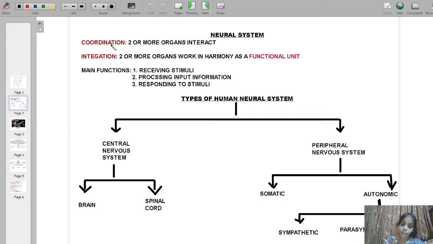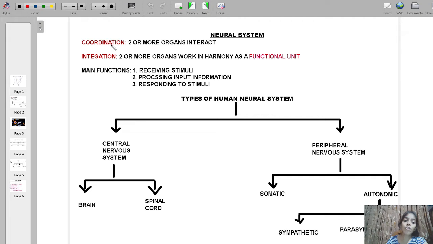And integration means those two or three organs will then behave as a unit, as a functional unit. These things are carried out or controlled by nervous system.